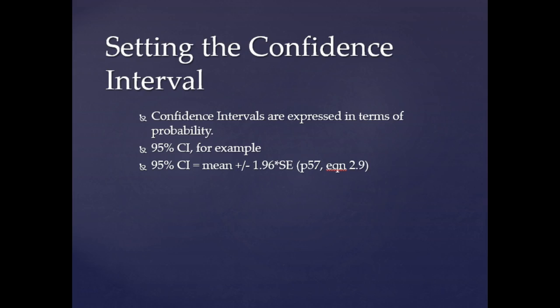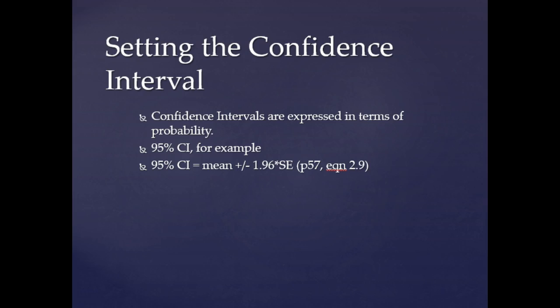So to calculate the confidence interval, and this is all about the probability. So what's our confidence, or what's the probability that we're confident that something's going to happen, basically, or that our sample is representative of the population in the case of these scores.